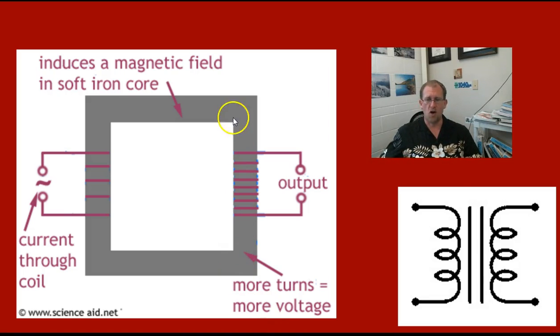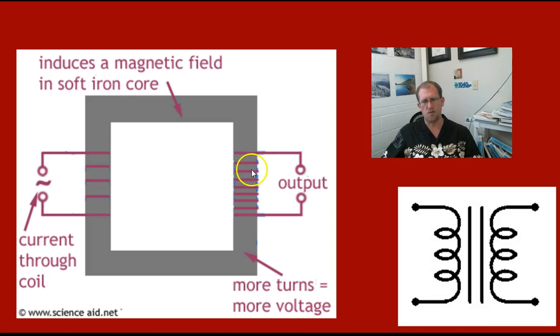It again is a common ferromagnetic core, usually a square like this, and then one side of the transformer is wrapped in a certain number of wire turns, and the other side of the transformer is wrapped in a different number of wire turns. So here we would have a power source, and this side has 1, 2, 3, 4, 5 wraps, and then this goes to our load, to the other thing we want to be able to do with this voltage.